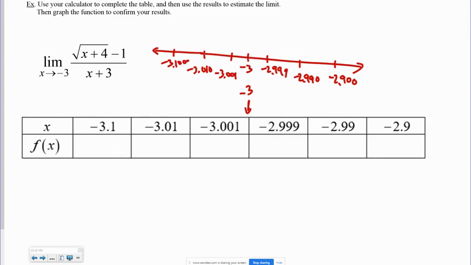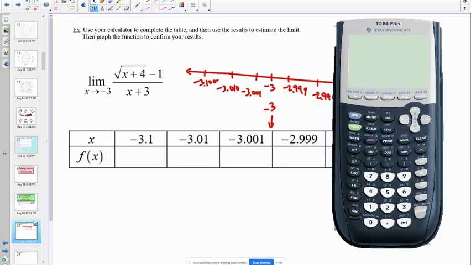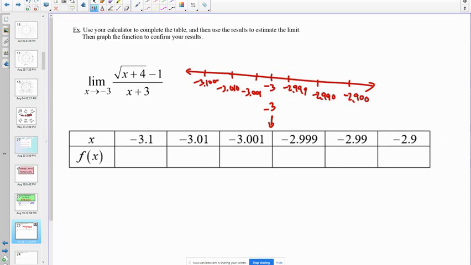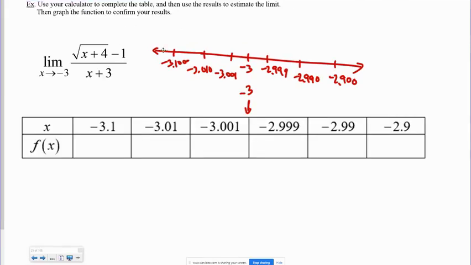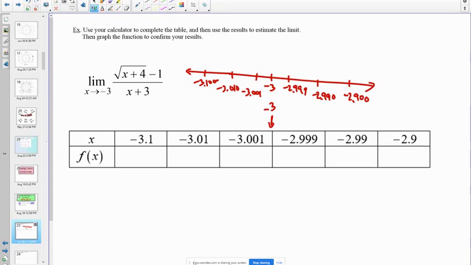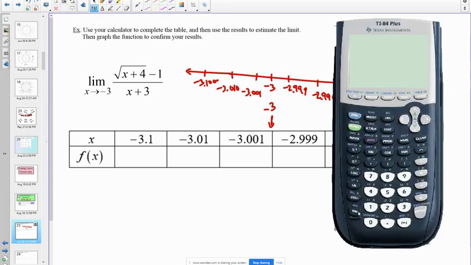So what I do is I go into my calculator. I'm going to switch to my calculator now, and I'm going to put these numbers into my calculator. So first what I do is hit y equals and put this function into y equals.